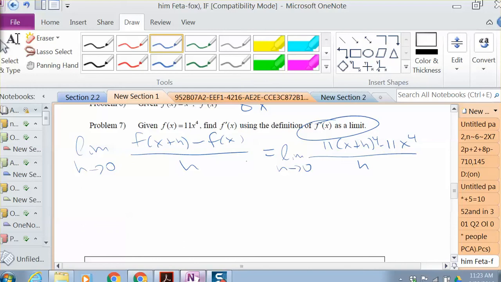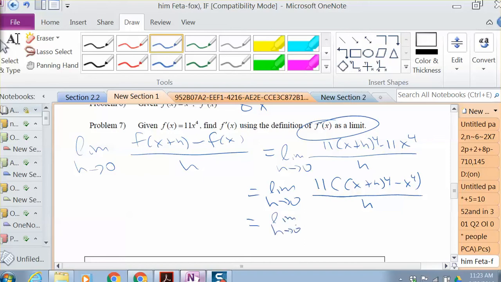Now, what if I factored out the 11? Kind of just pulled it out like that. Now we got ourselves this. And these are limit definitions, right? Where we can actually say that 11 is a continuous function, and x to the 4 power is a continuous function.